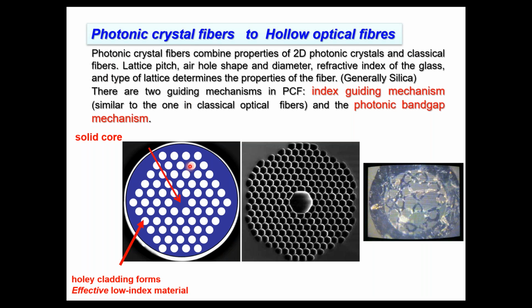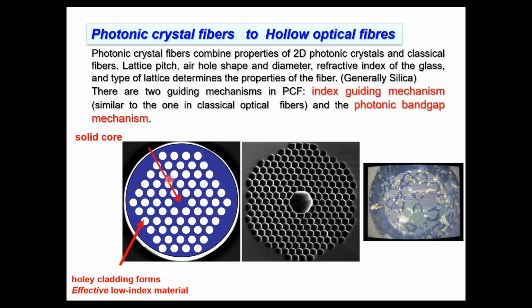They are fibers which have holes running along the length of the fiber, and these holes are arranged periodically. You can imagine this as a glass rod, and multiple holes are drilled from one end to the other end of the fiber, and these are periodically arranged.